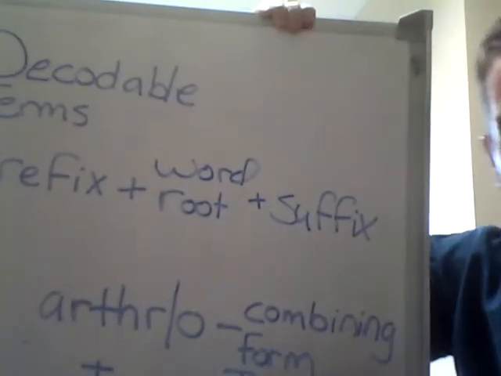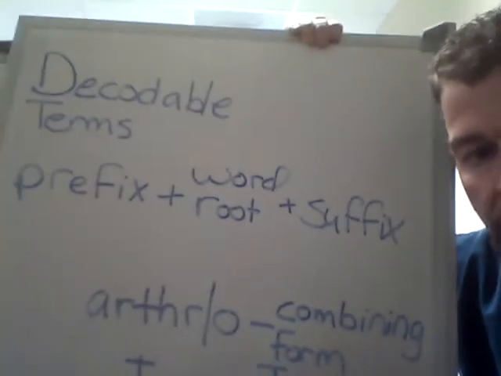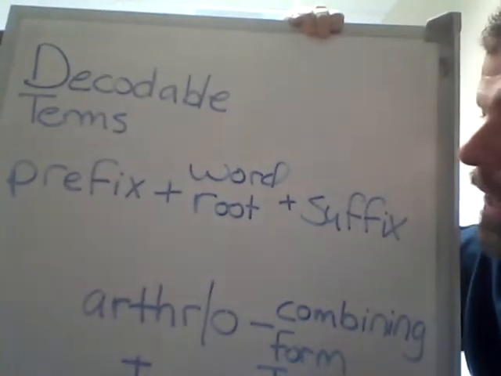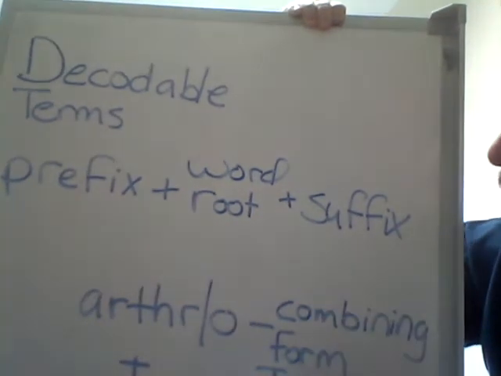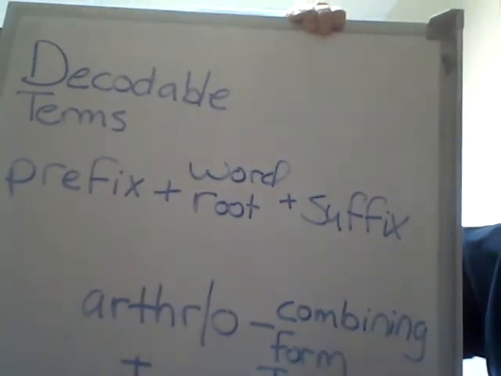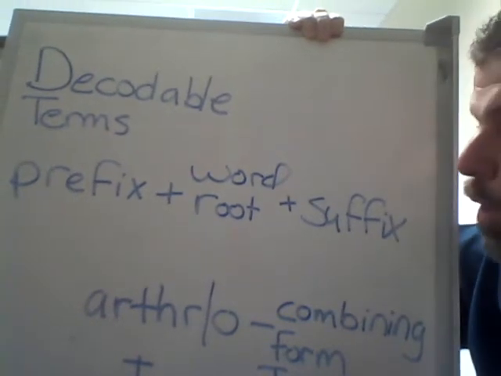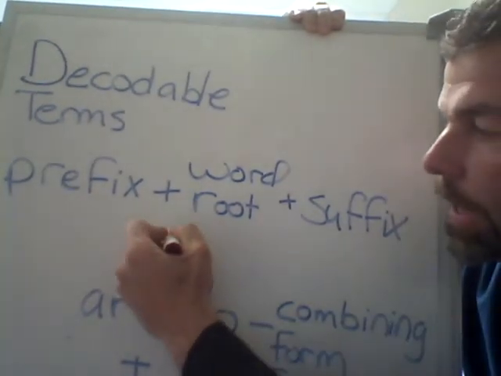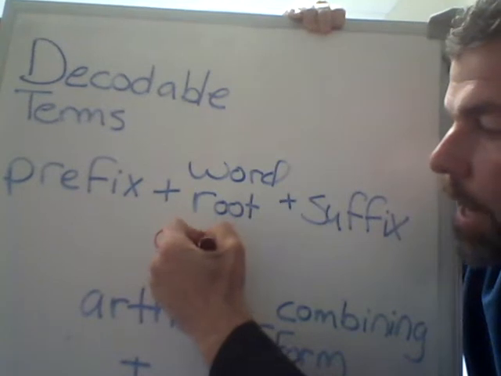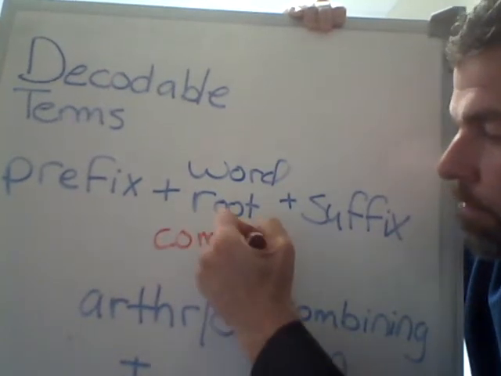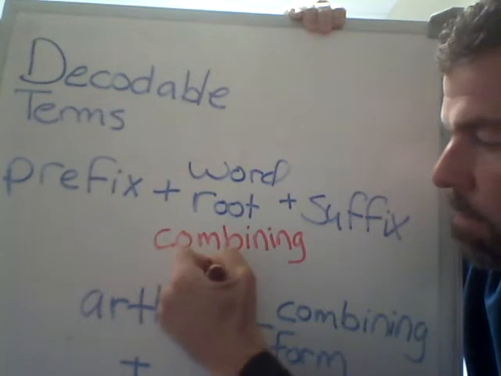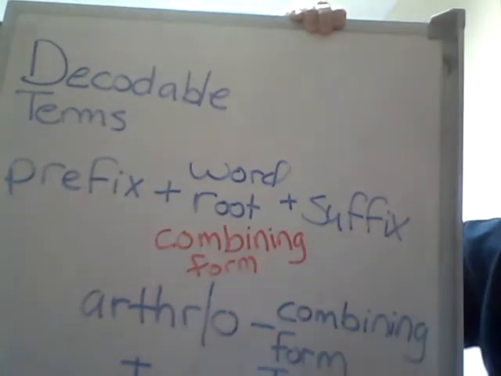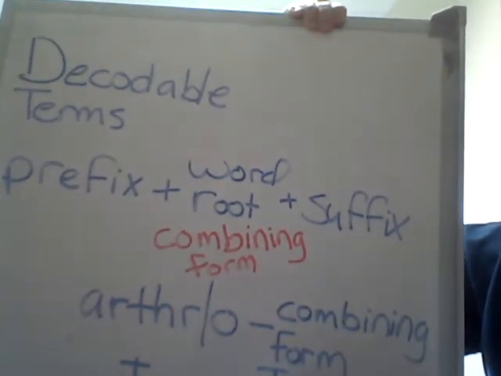Again, decodable terms are going to be broken down into a prefix, a word root or combining form, and suffix. I'll often use word roots and combining forms interchangeably. A word root and a combining form give the word its meaning.